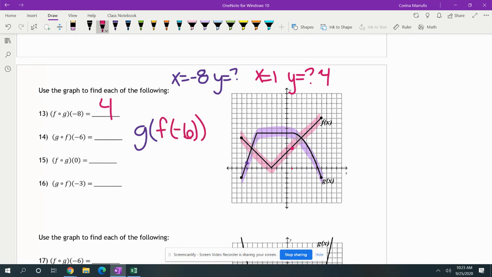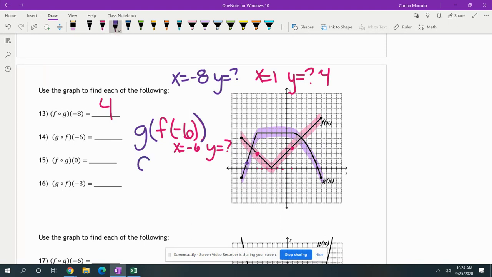Okay. So what this is saying, when x is equal to -6, what is our y value? So I'm going to look on here, -6. So 1, 2, 3, 4, 5, 6. This is the point that we're looking at. Remember, we're looking at our f function, not our g function first. And my y value is equal to 3.